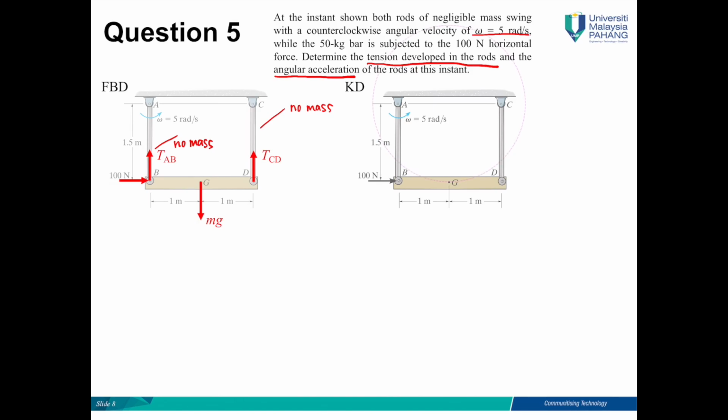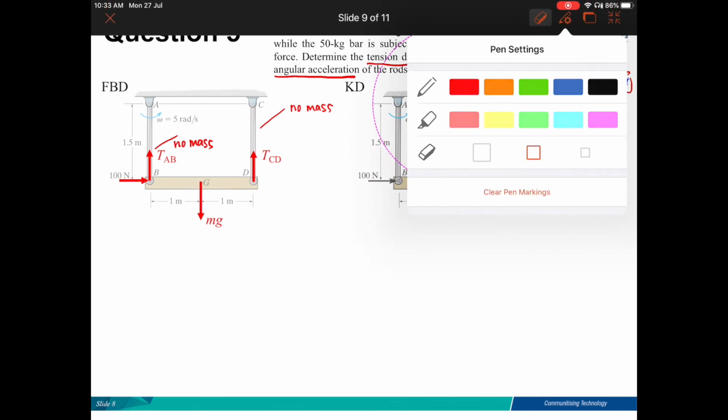When we are dealing with curvilinear translation, we are not going to use the x and y coordinate system, but we will be changing to t and n, which is the tangential and normal coordinate system. The tangential axis is tangent to the circular path. So when we look at point G, the tangent is like this.